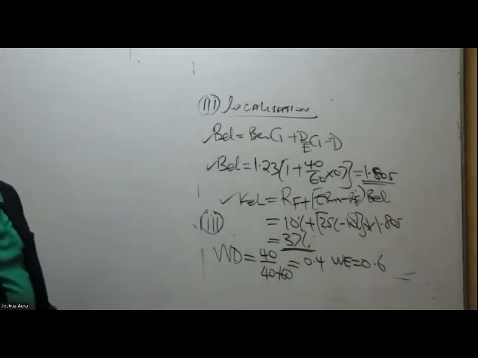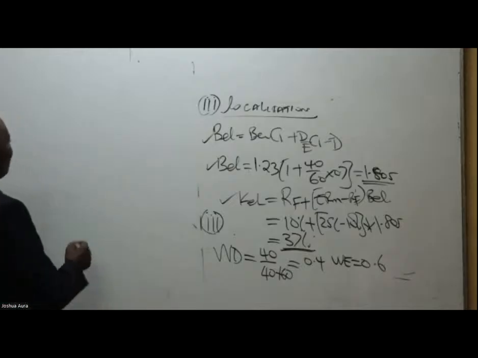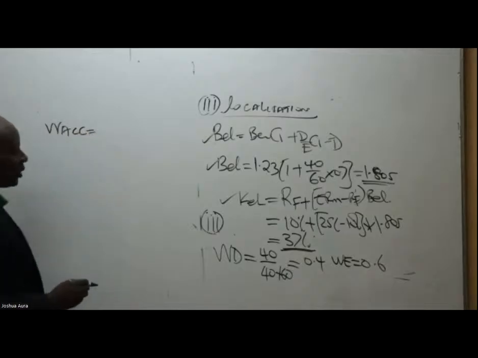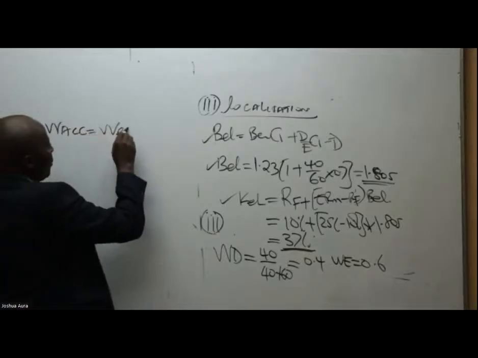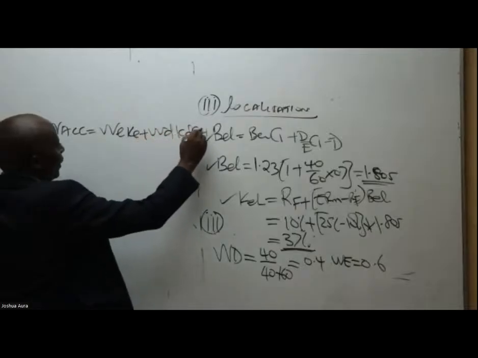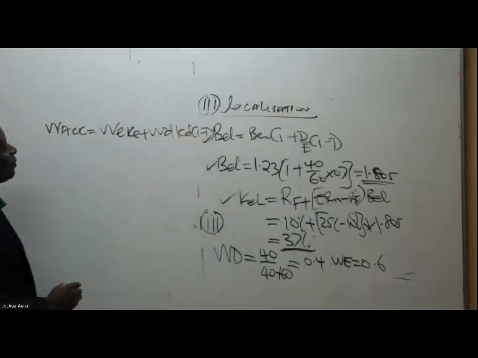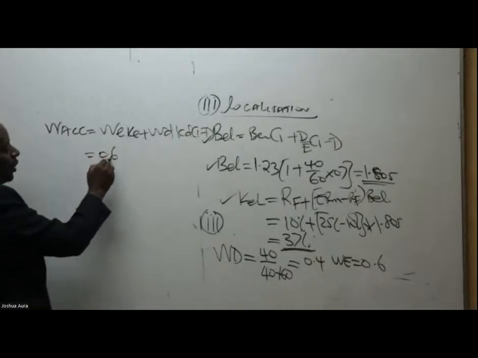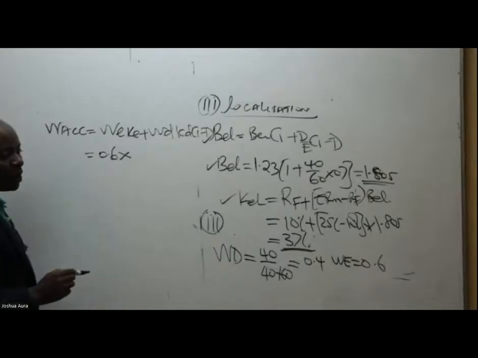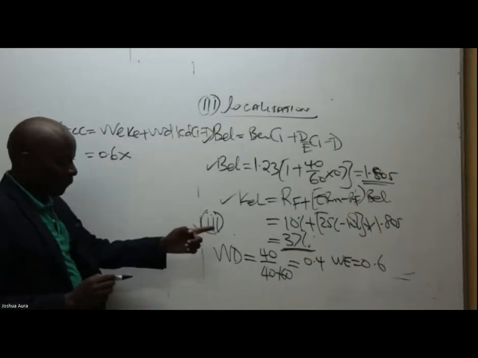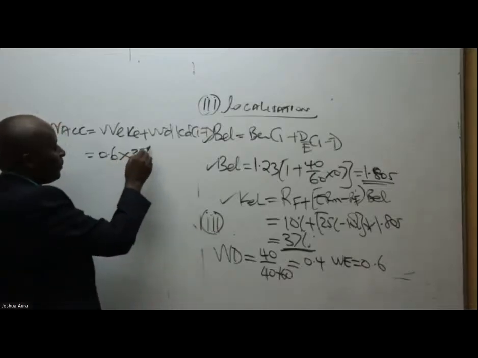All right. So after that, ladies and gentlemen, please go ahead and give us WACC. So WACC will be weight of equity times cost of equity plus weight of debt times cost of debt into 1 minus taxation. So now we have everything. Weight of equity is 0.6 times cost of equity. What is the cost of equity? 37%.